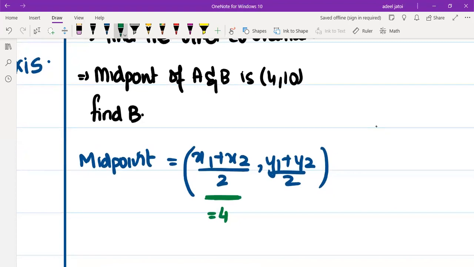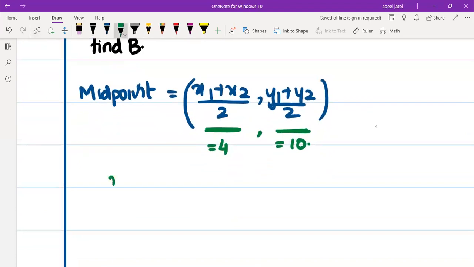But now we already have the midpoint, that is 4, 10. Since we already have the midpoint 4, 10, we write x1 plus x2 upon 2, which will be equal to 4, and y1 plus y2 upon 2 will be equal to 10. So we can write down the equation for this.